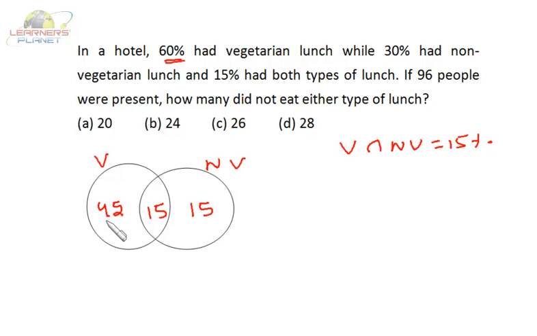Now this is the total number of persons who are taking any sort of lunch. What is that? It's 45 plus 15, 60, plus 15, 75. So 75% persons are taking lunch. That means 25% are not taking any sort of lunch.